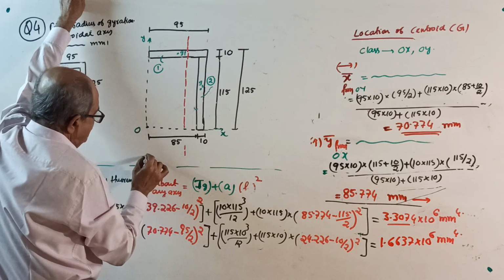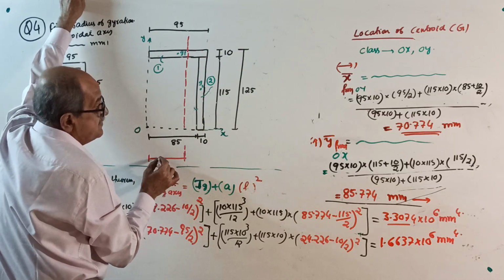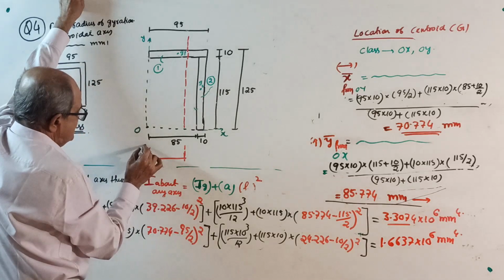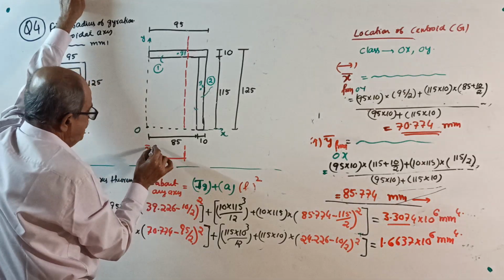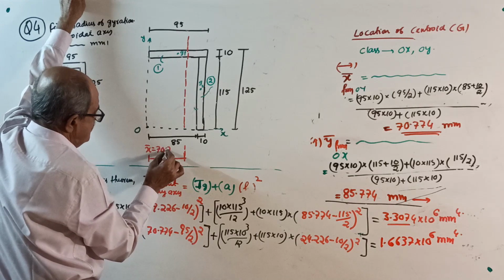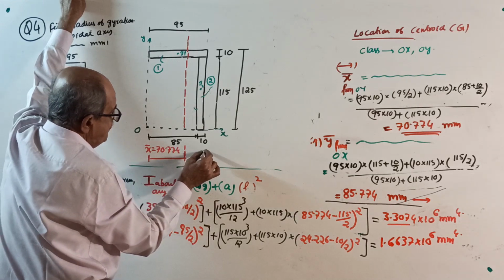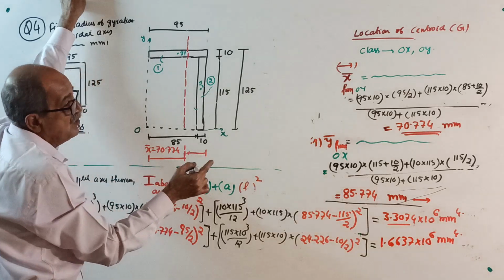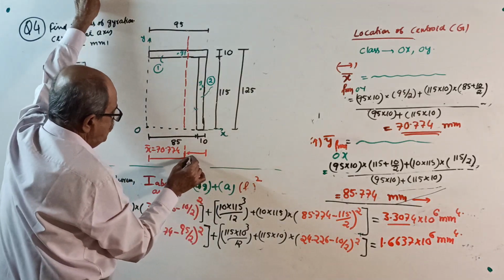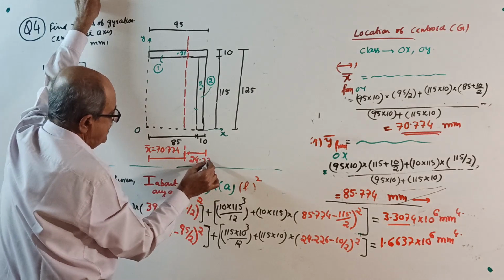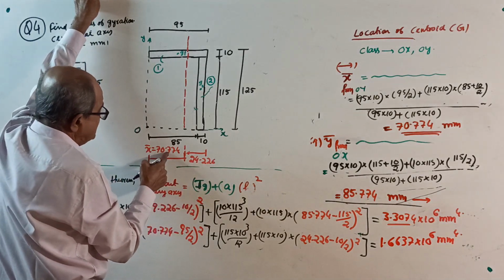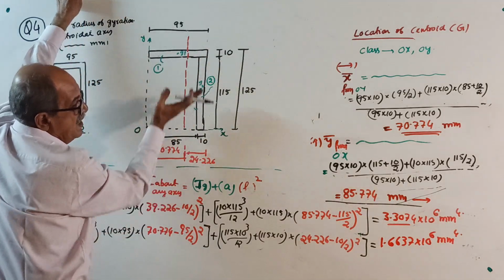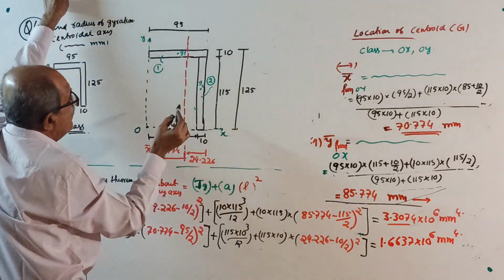This is X bar. How much X bar? 70.774. Then from this end, you calculate. I already noted down the answer there: 24.226. How did I get it? Subtract 70.774 from 95.